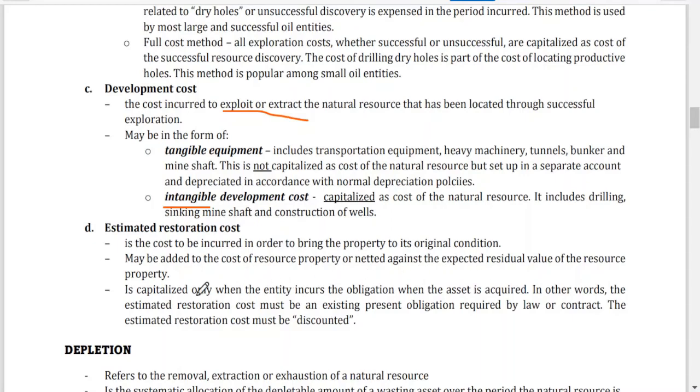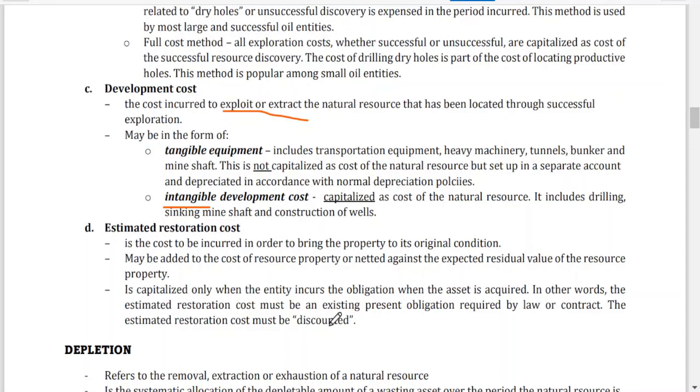So it is capitalized only when the entity incurs the obligation when the asset is acquired. In other words, the estimated restoration cost must be an existing present obligation required by law or contract, and the estimated restoration cost must be discounted. Meaning, dapat upon acquisition of the property, there is already this obligation to restore.